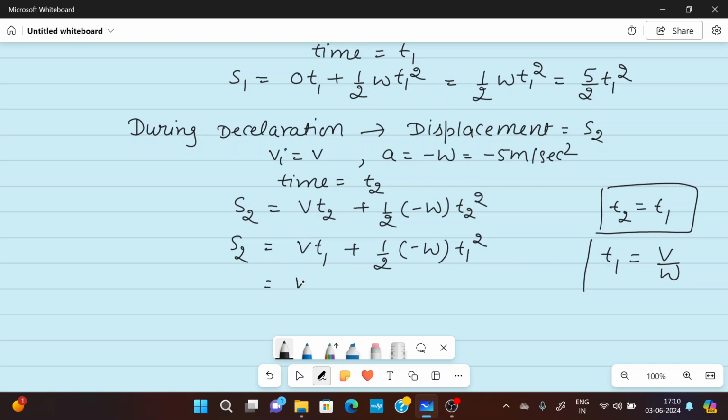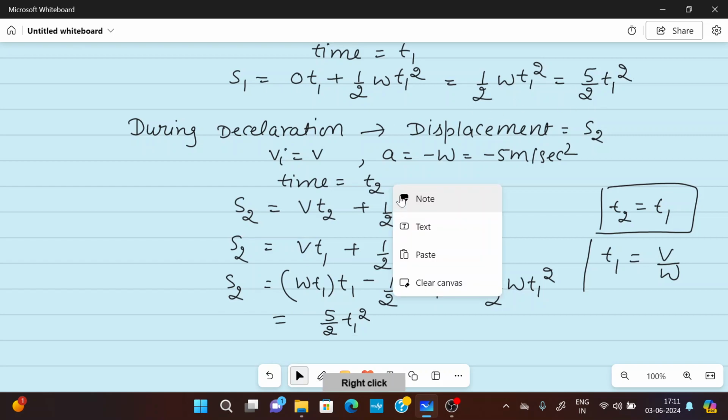So S2 is equal to W into T1 into T1, minus half into W into T1 square, which again comes out to be half into W into T1 square. Putting the value of W here, we will get 5 upon 2 into T1 square. So from here we can see that S2 is equal to S1. That is, displacement during deceleration and acceleration is same.